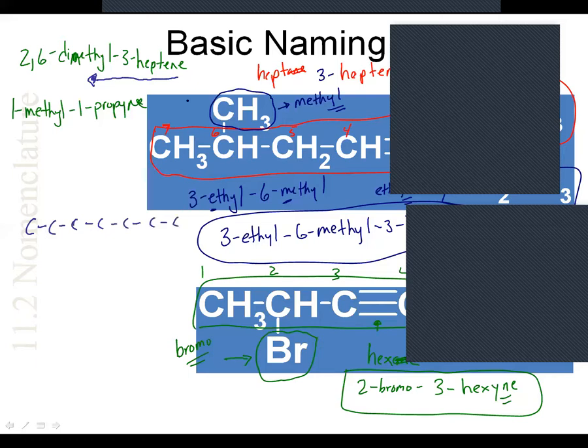Now, ene also tells us that it has a double bond. And as we've been doing, we know that the 3 means it is at carbon number 3 where we should find that double bond. As we talked about last time, since you are drawing it, you could number it left to right or go right to left, because you're the one drawing it. I'm going to go left to right. So on the very left, I'm going to call that carbon number 1.